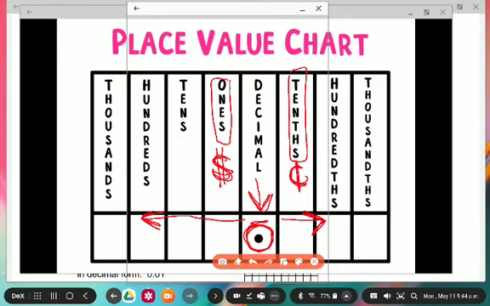So everything on the left side of a decimal point, when it's representing money, represents whole dollars. Everything on the right side represents cents, so just part of a dollar.